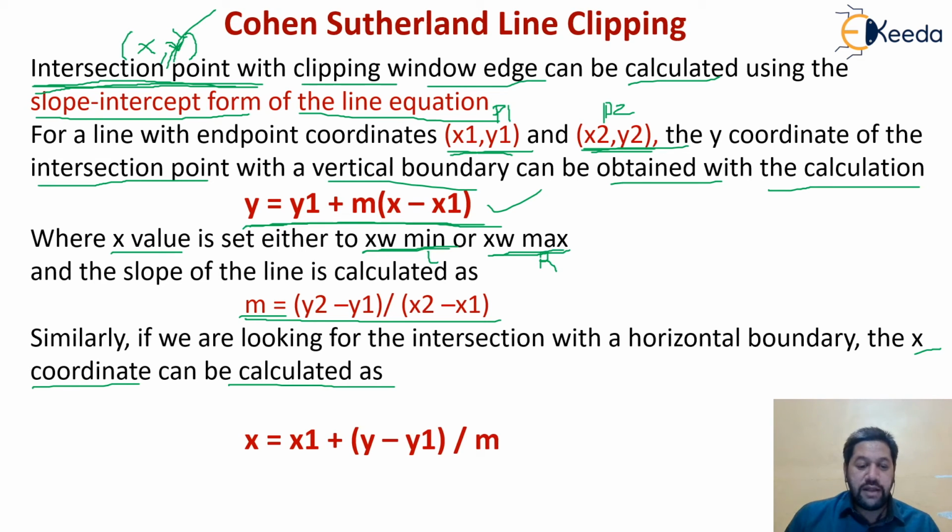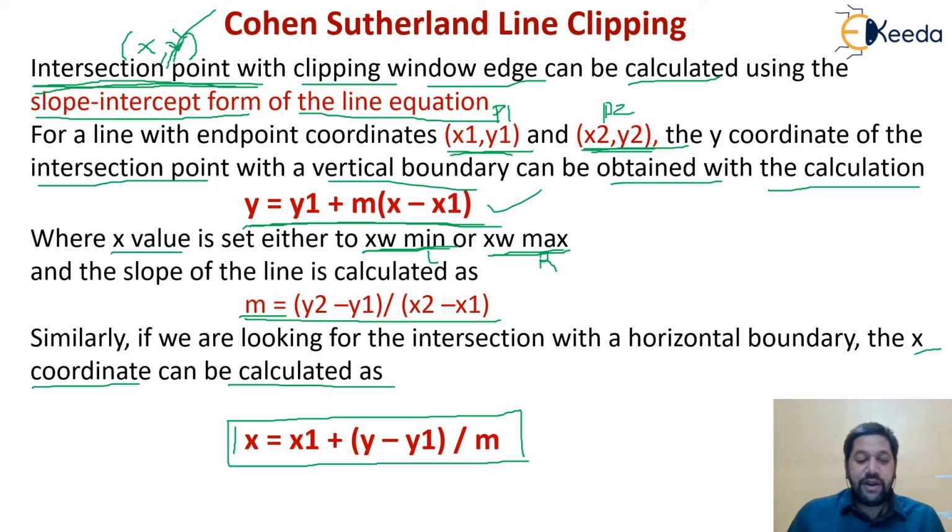And the formula that I am going to use for this is x is equal to x1 plus y minus y1 divided by m. If you solve this equation for x, we find that x is equal to x1 plus y minus y1 upon m.